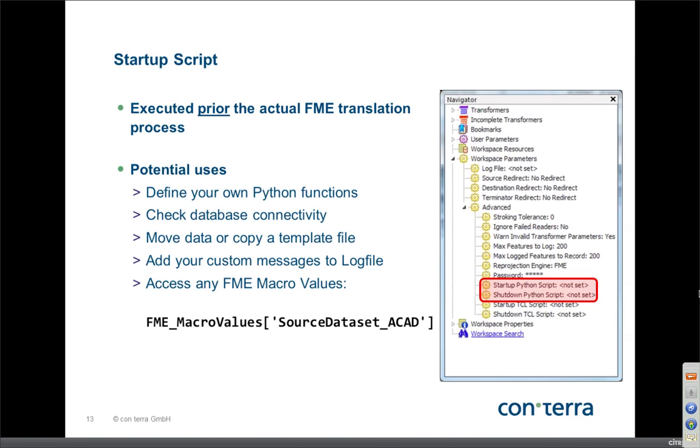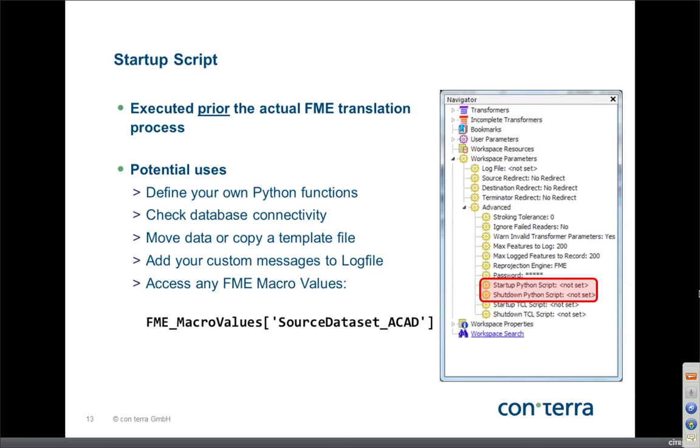You can, for example, move data from one place to another, or copy, for example, a template file. One thing very special is that you can add your own custom messages to the log file. And Tino, I think we will show this in our best practice session. Yes, we do. Cool. Later on. Another thing is accessing any FME macro values.